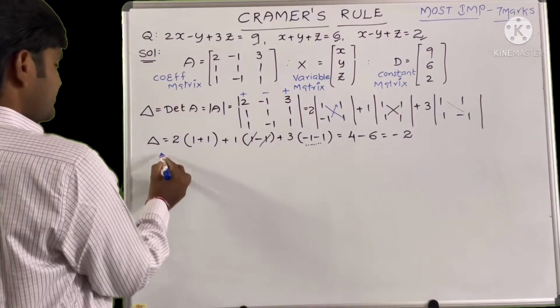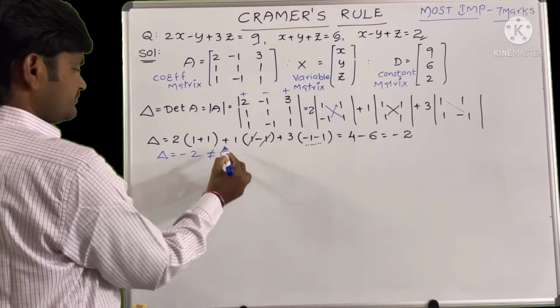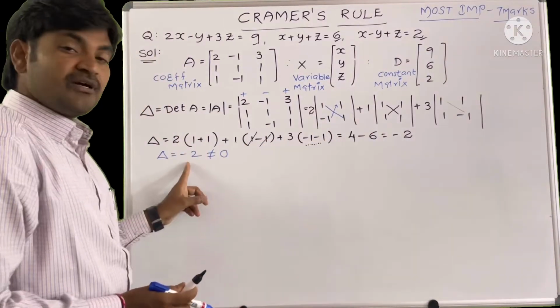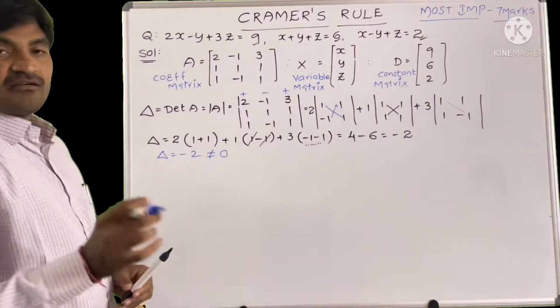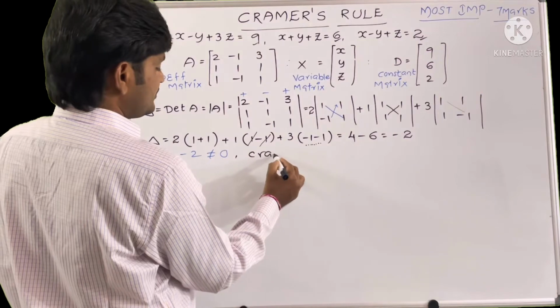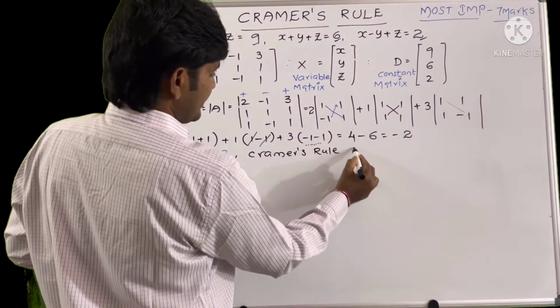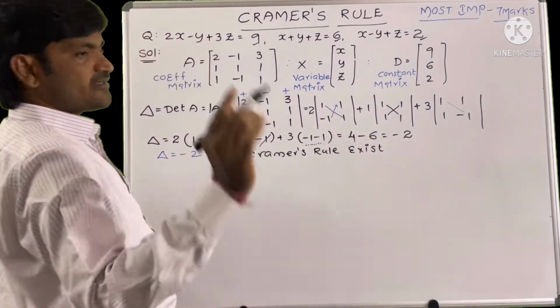So whenever delta value is not equal to 0, here delta value is minus 2. Minus 2 is not equal to 0. Whenever delta value is not equal to 0, then Cramer's rule exists. Otherwise, Cramer's rule does not exist.